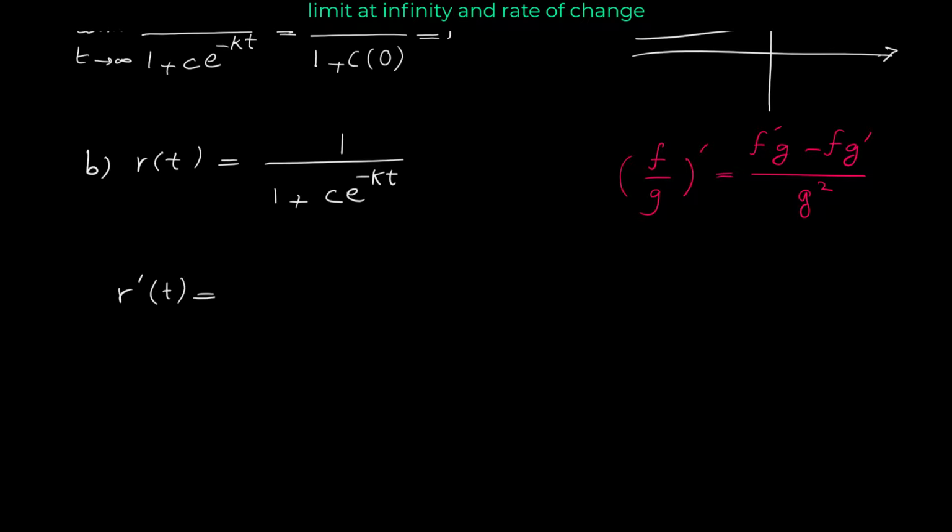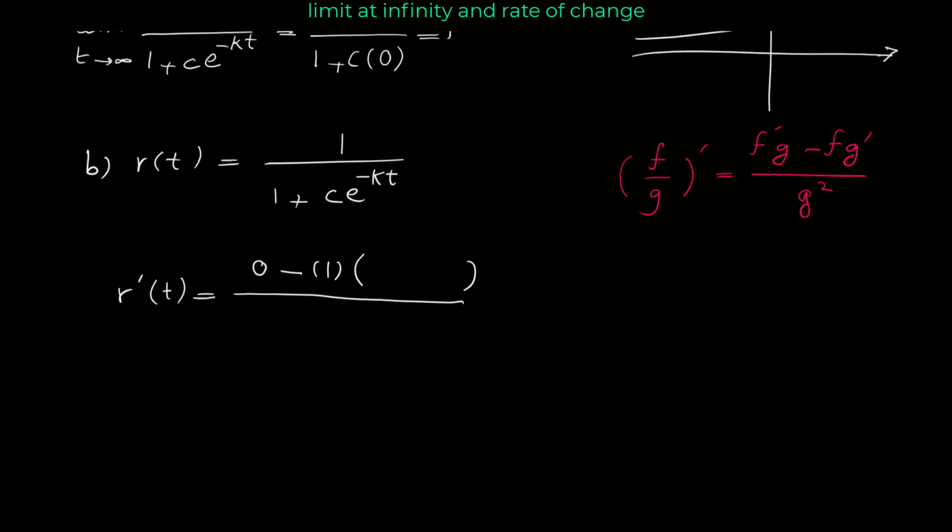So r prime equals the derivative of the numerator, the derivative of constant 1 is 0. 0 times the denominator is 0. Let's write a 0 minus the numerator function, which is 1, times the derivative of the denominator. The derivative of 1 is 0.